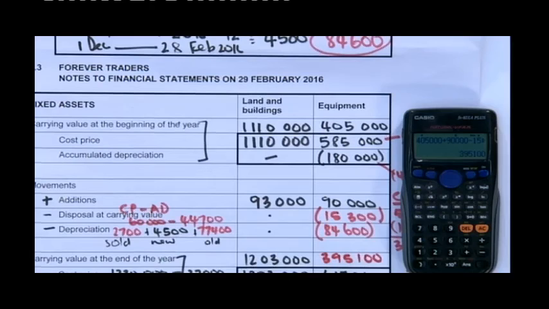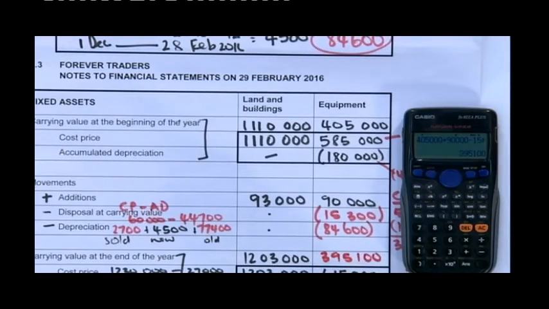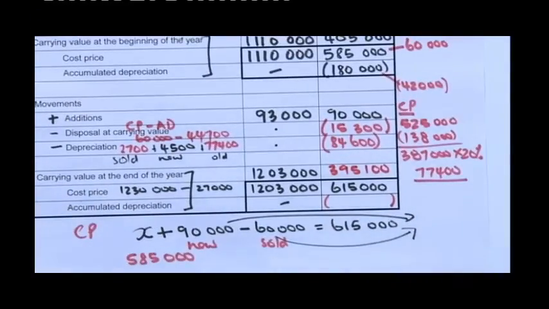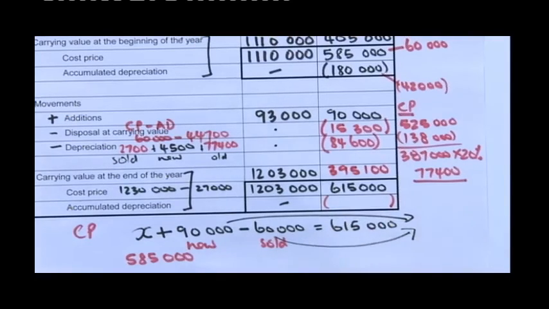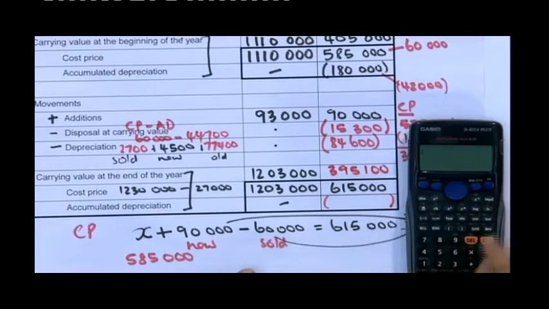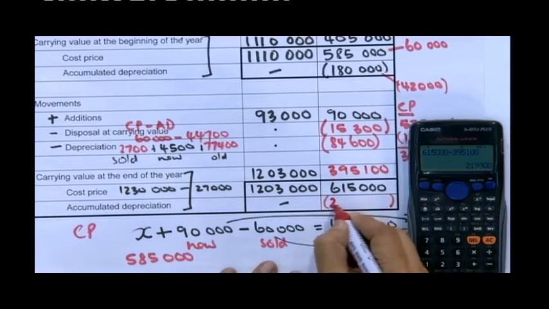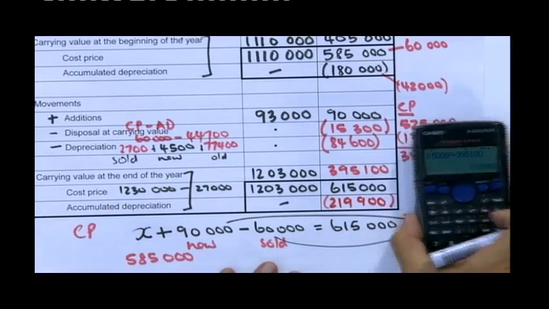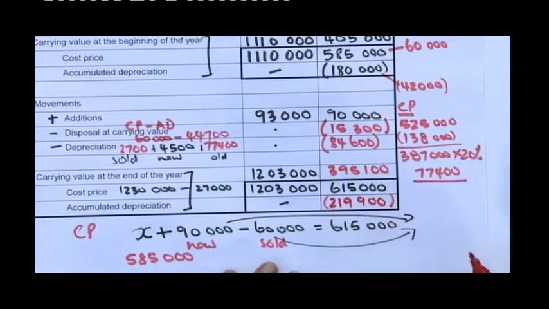Okay. Then all we have to do now is calculate the figure which is the accumulated at the end. To get the accumulated at the end, you just take the 615,000 minus 395,100, and we get 219,900. Okay, that's the one way.